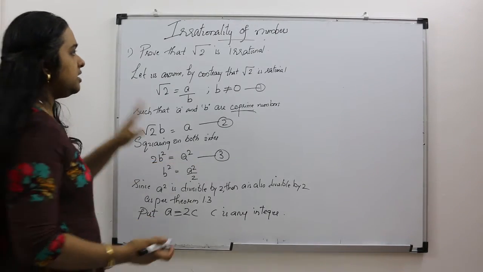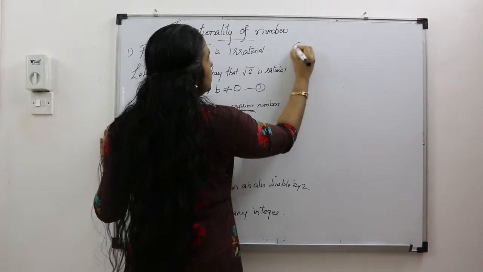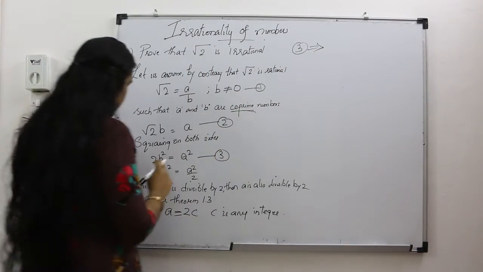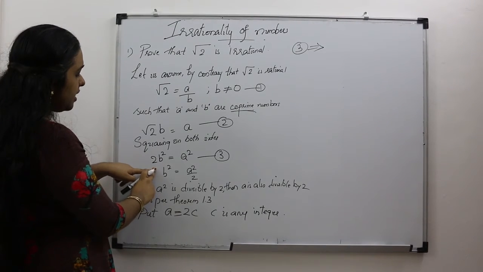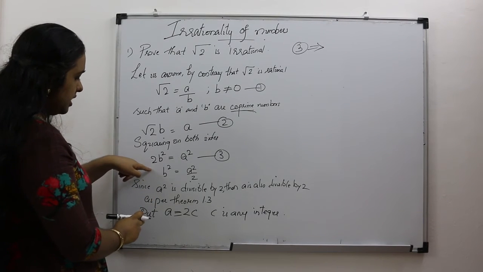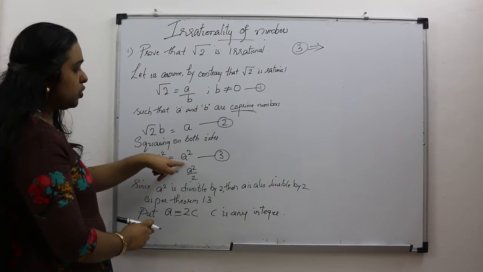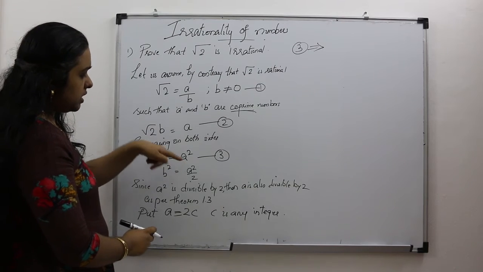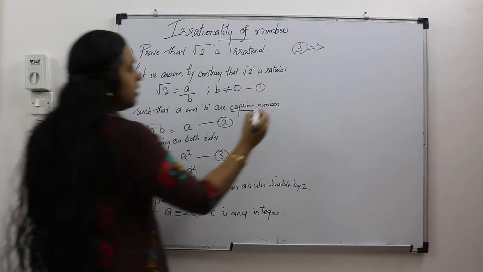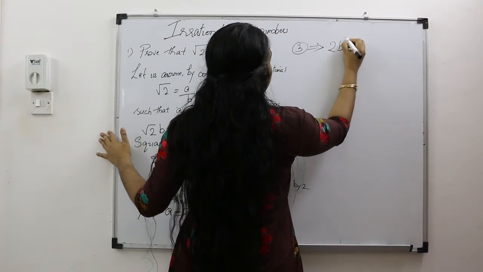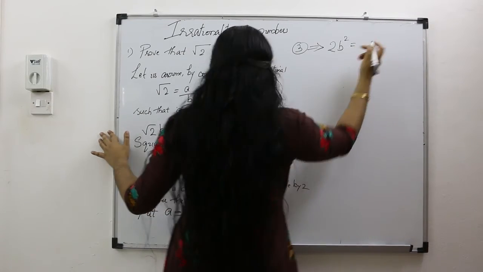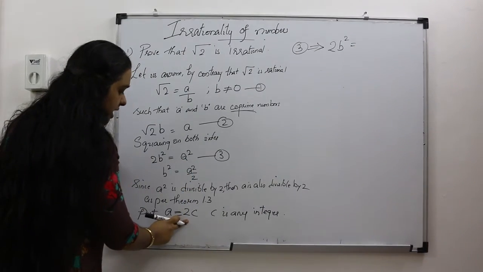Then our equation 3 will become 2b square equals 2c square. Okay, our equation 3 will become 2b square equals, now our a is 2c, right?